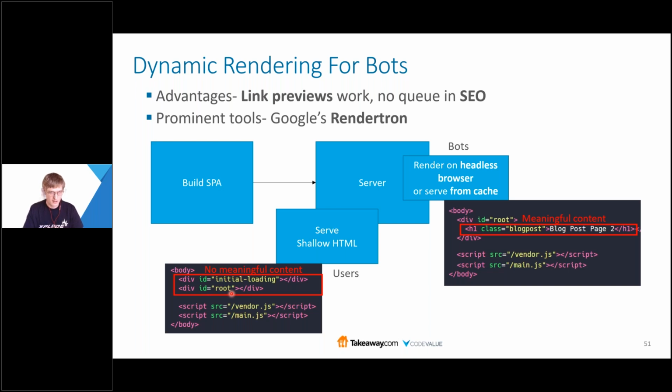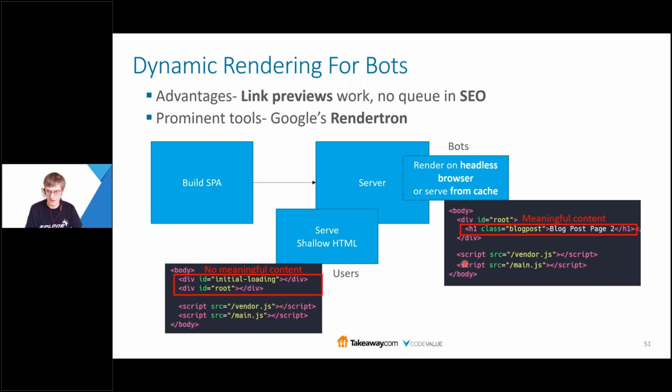When a bot navigates to our servers, it goes through another step. It goes through Rendertron. It goes through a headless browser that renders the web page for the bot and serves the bot meaningful content. So the bot actually receives all the HTML right away.